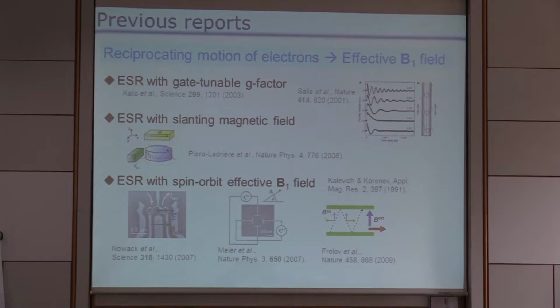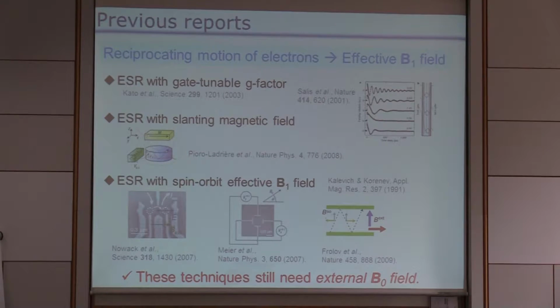And also, movement of the wave function in a quantum dot in a slanting magnetic field can induce an effective oscillating magnetic field. Other researchers are using the spin-orbit effective oscillating magnetic field. But all of these experiments still need the assistance of an external static magnetic field.